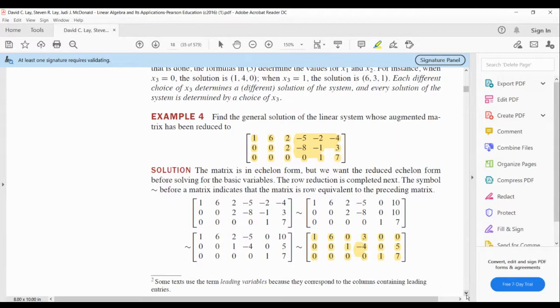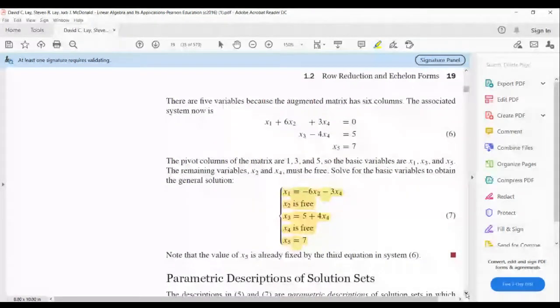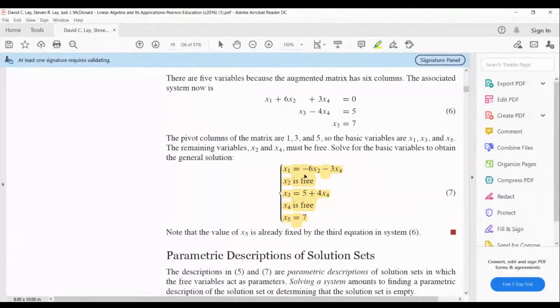And based on that, look in your notes, we were able to identify the solution set for the system. The 3 equations reduced to those equations that you see there. And based on that, we could identify the solution to the system of equations. We ended up with 2 free variables and 3 basic variables.